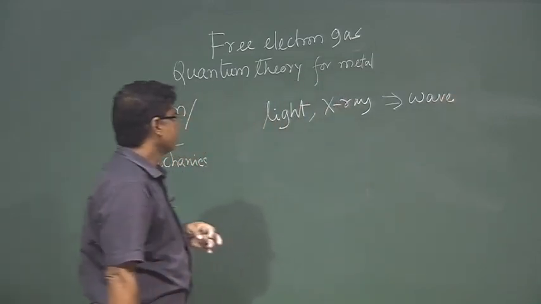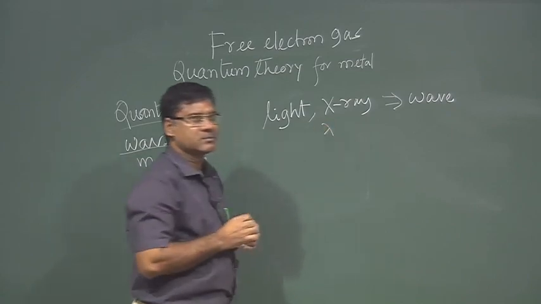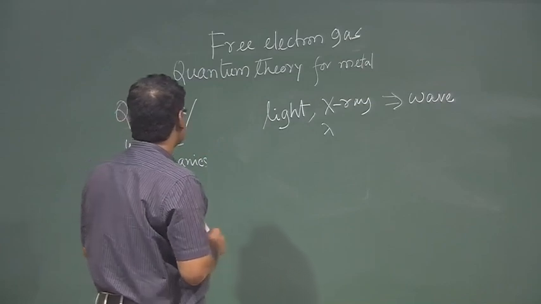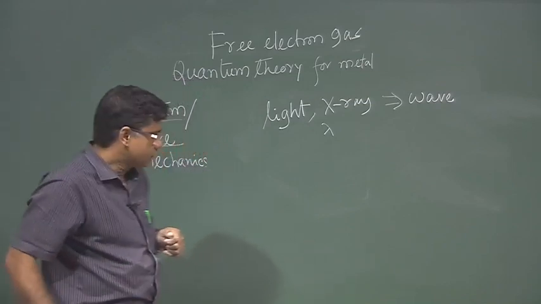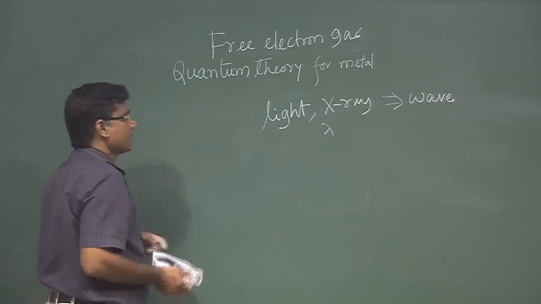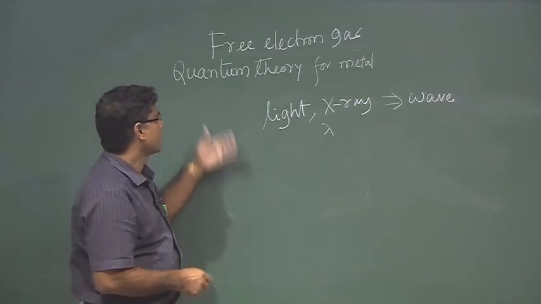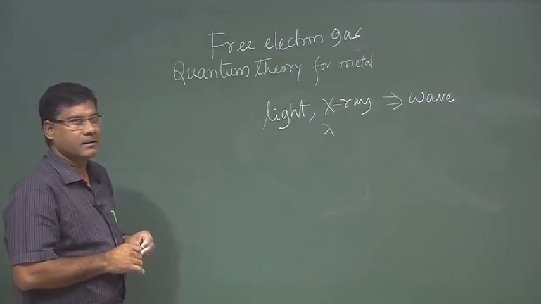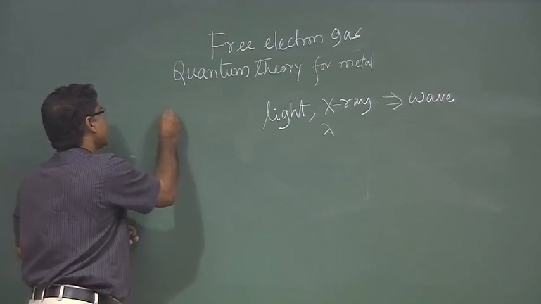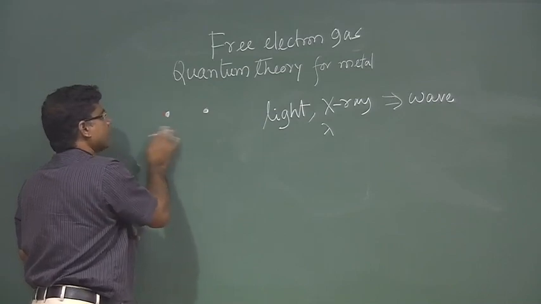And it is expressed in terms of wavelength. Wave means it has wavelength, right. And particle, either an electron or a gas molecule, these we basically consider as particles.